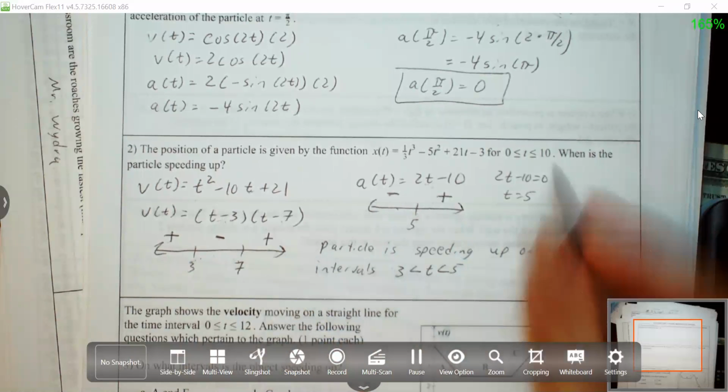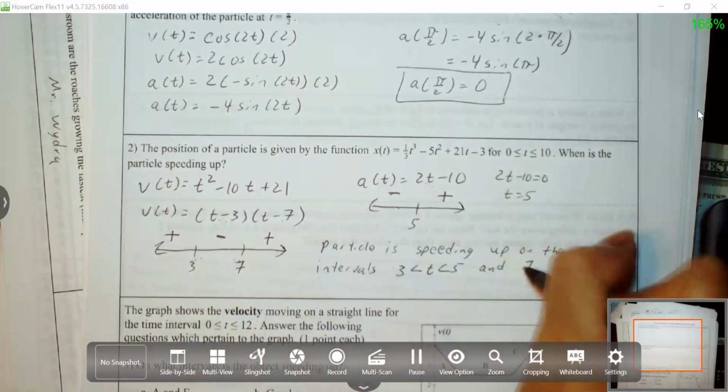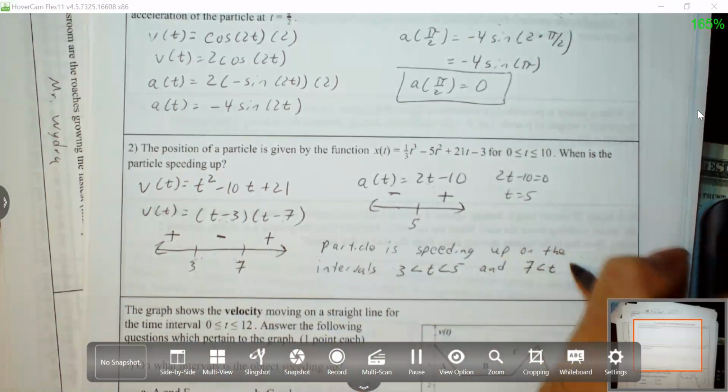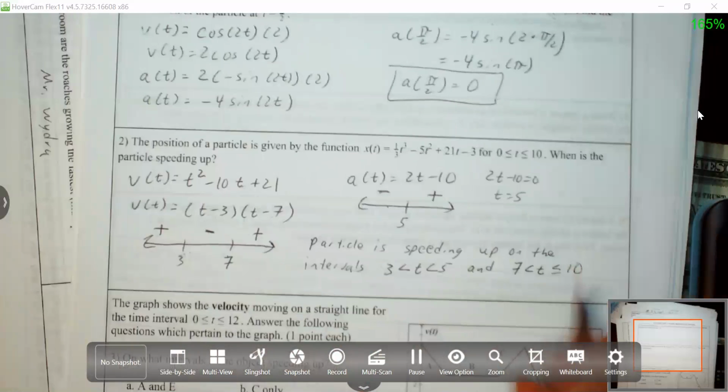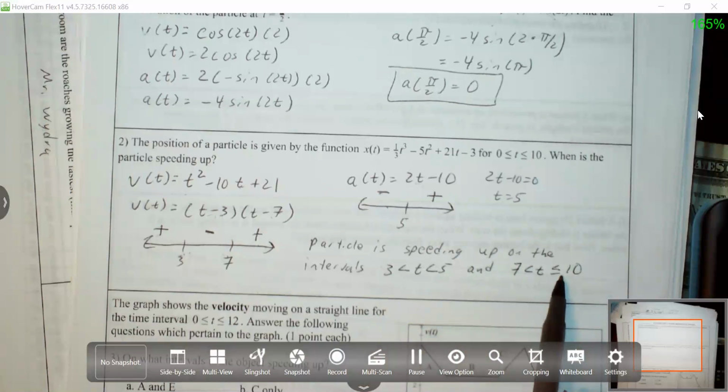And 7 is less than t is less than 10. Make sure my time interval here ends at 10. So make sure you put that it ends at 10. And the 10 is going to have a less than or equal to because t ends there.